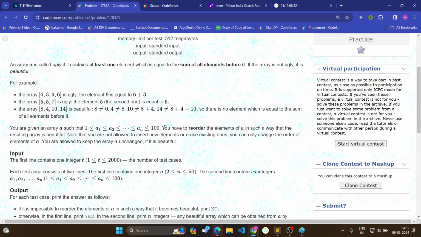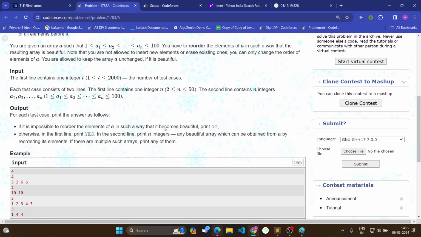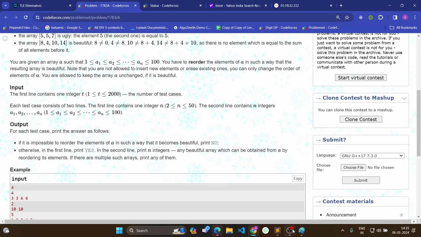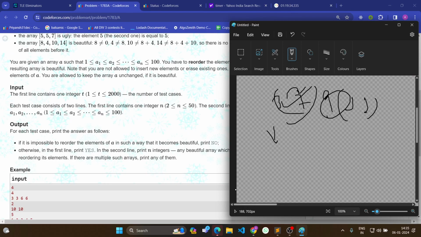It is given that you are allowed to reorder the array, and it is beautiful if there is no element which is equal to the sum of the elements before it. If it is impossible to reorder the elements in such a way that it becomes beautiful, the answer is no. So my plan is, if I keep the maximum element at the starting point, then there is no way that I can get it.